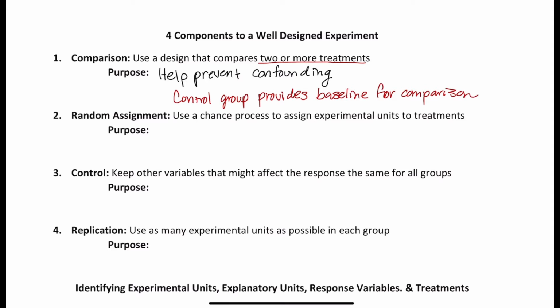The second thing we want is random assignment, which we are using chance process to assign experimental units to treatments.